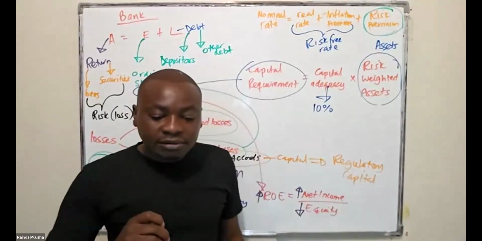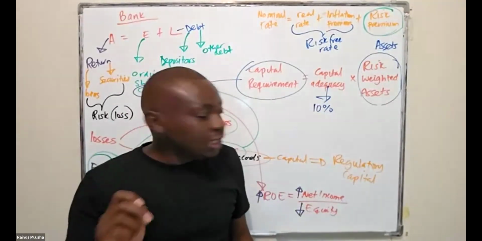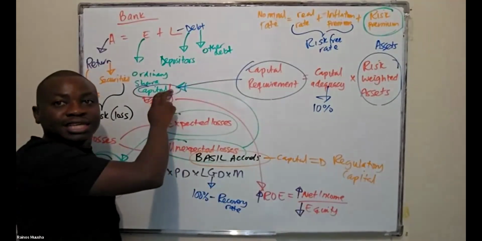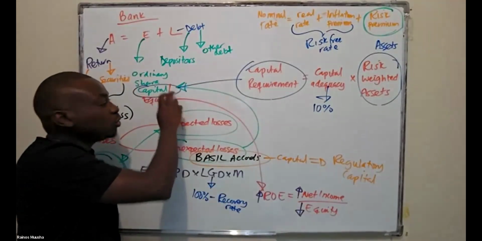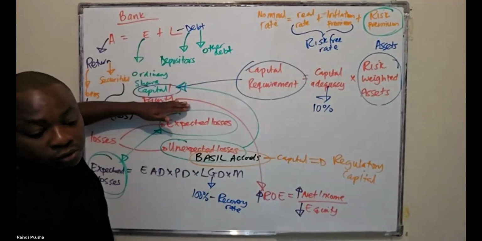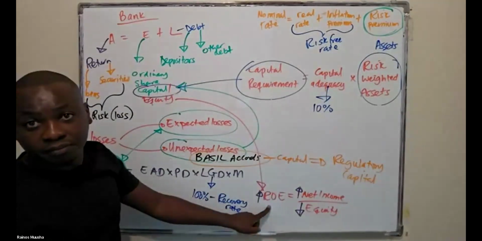But now we are saying there is also what we call economic capital. Economic capital is the minimum amount of capital that we try to maintain here, so that if we maintain a very low amount of capital, we are able to increase our return on capital as well.